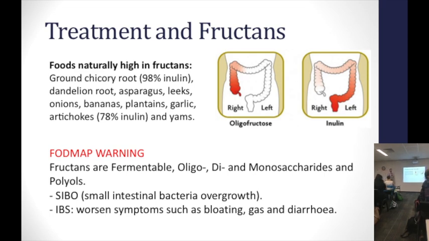Including these particular foods in someone's diet will support intestinal permeability. You've got your oligofructose, which is more of a simple sugar, which will be fermented quite earlier, versus inulin, which is a more complex sugar, which will reach the left side of the intestines.